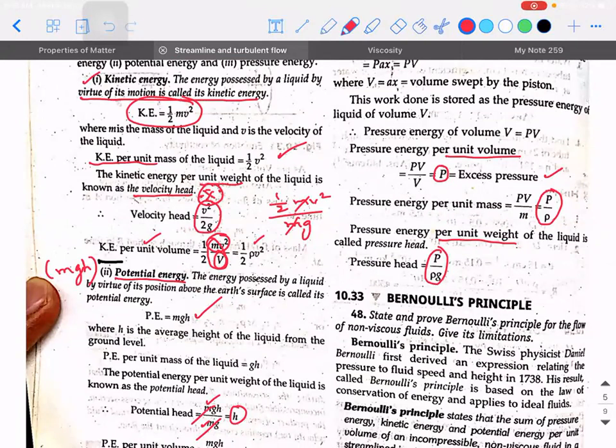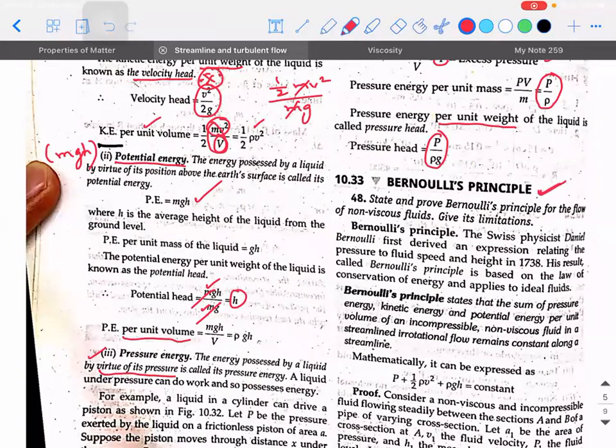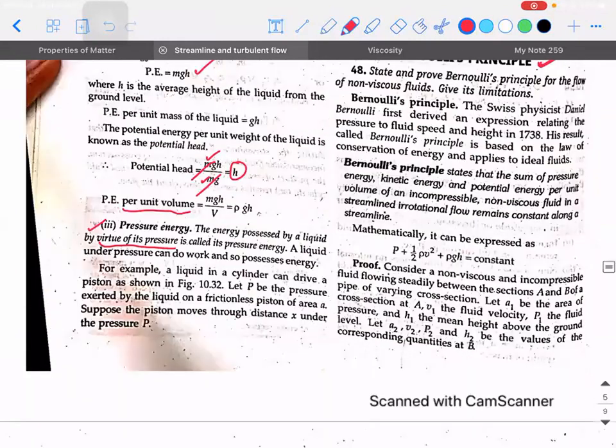And the last point is Bernoulli's theorem. So what does Bernoulli's theorem state? If you have an ideal fluid which is flowing through a varying cross-sectional area, then the pressure energy per unit volume plus the kinetic energy per unit volume plus the potential energy per unit volume is always a constant at a particular point. I'm repeating it again.